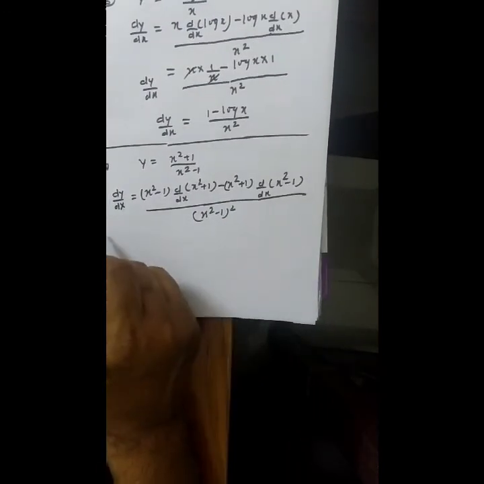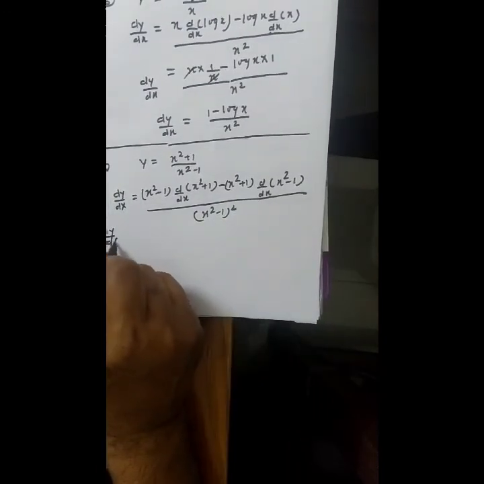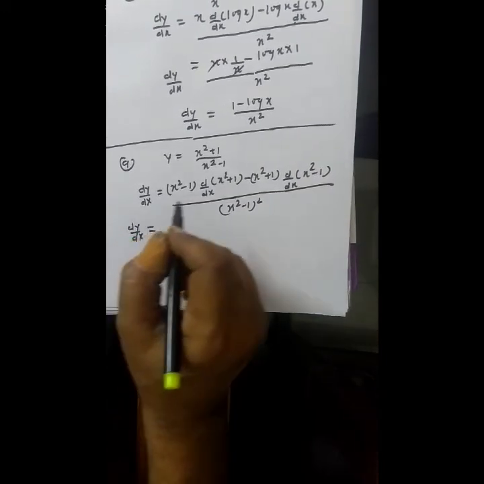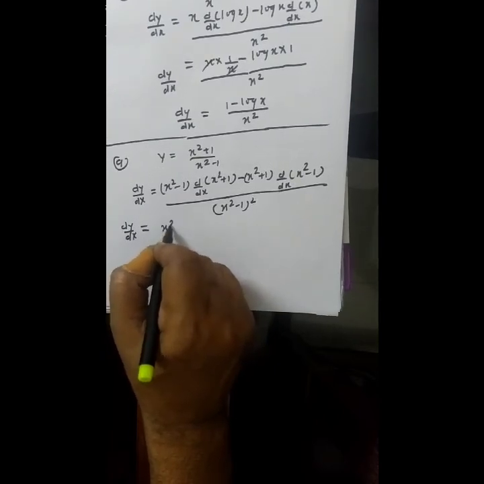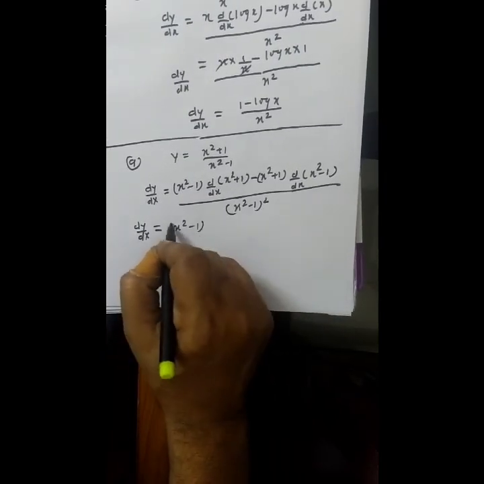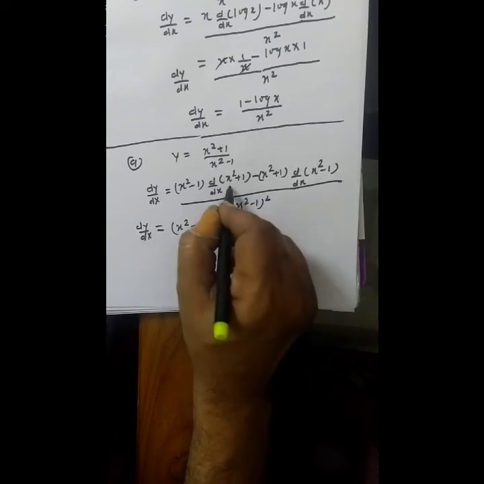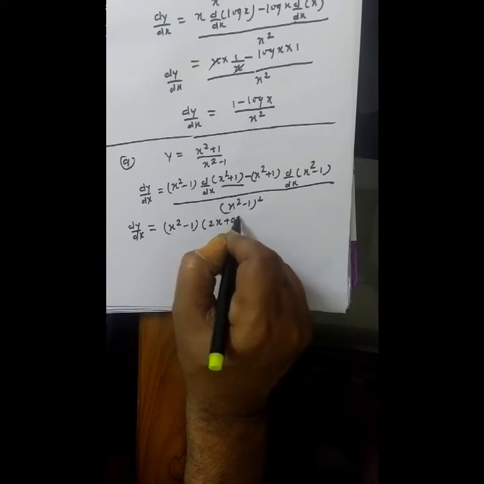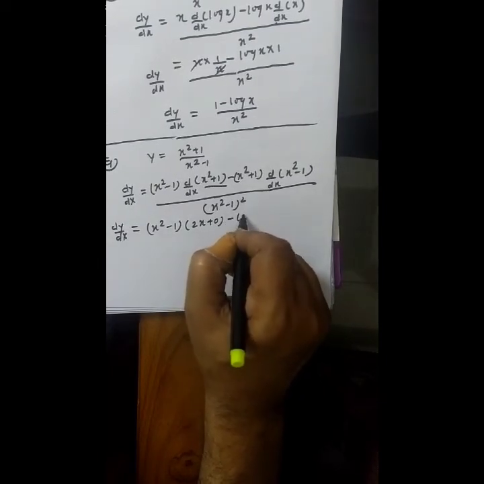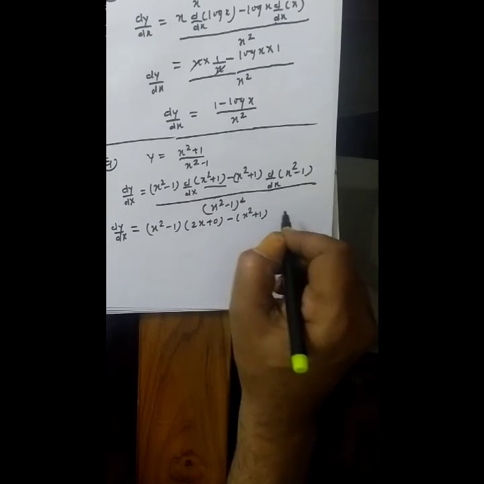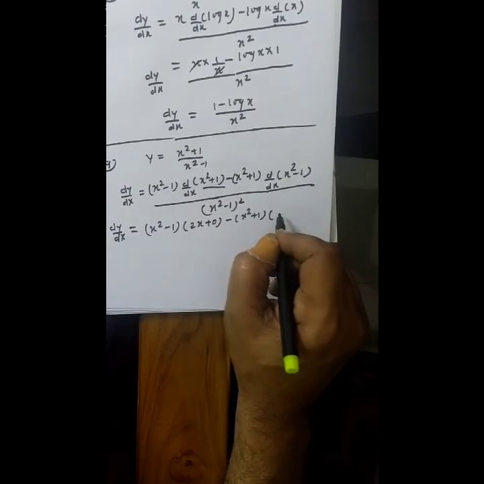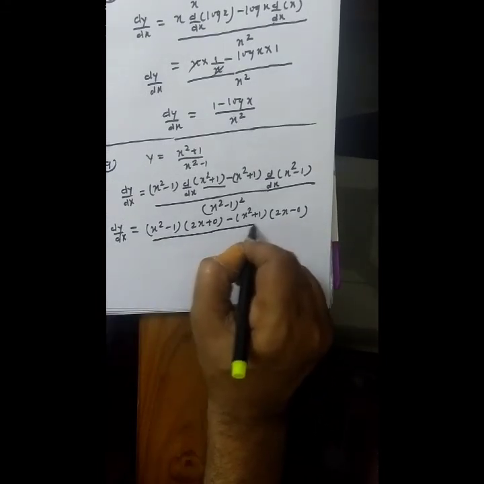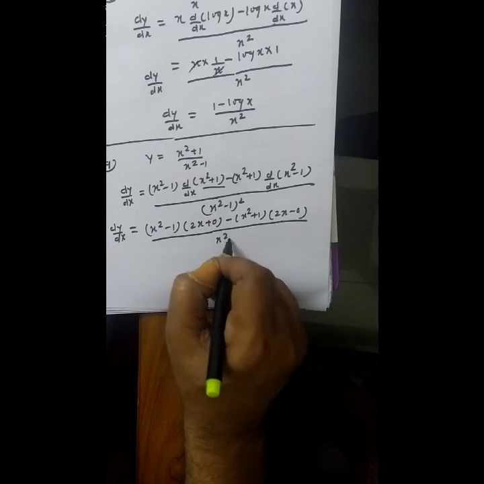So this is same as dy by dx equals to x square minus 1 into derivative of x square plus 1, which is 2x, and 1 is constant so 0, minus x square plus 1 into derivative of x square minus 1, again x square is 2x, 1 is 0, whole divided by x square minus 1 whole square.